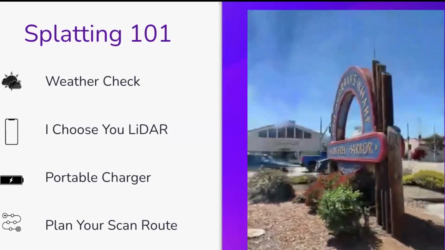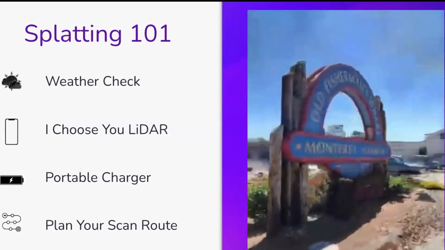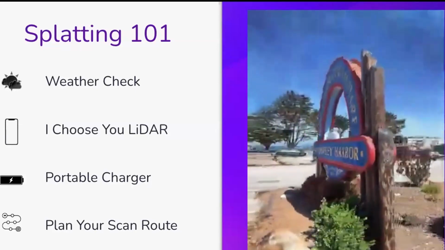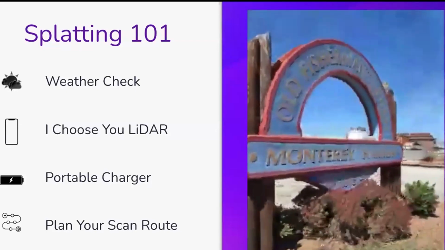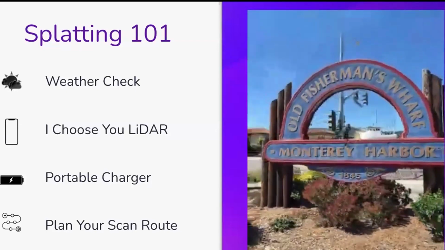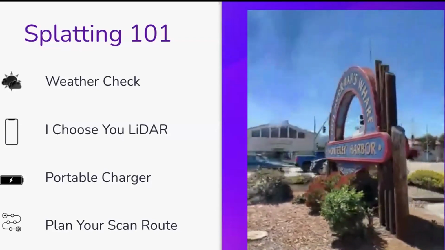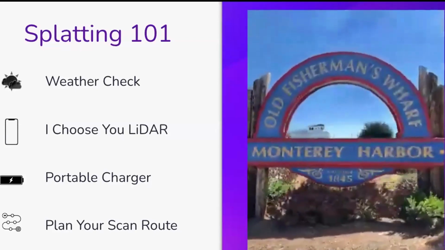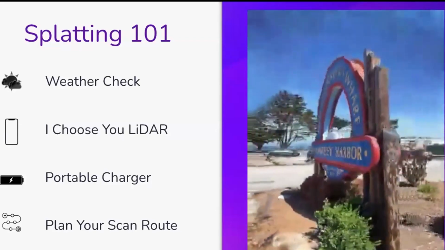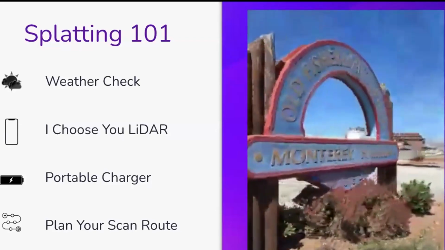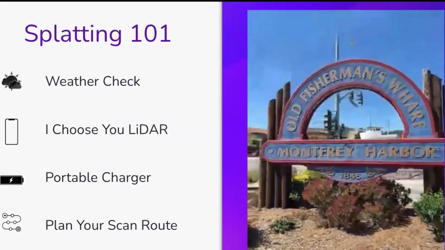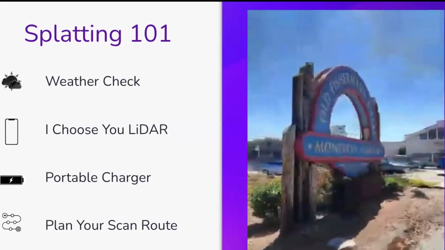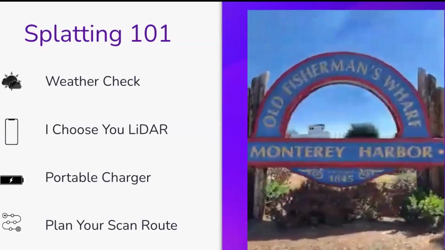And so had I not planned exactly how I was going to scan this entire sign, I could have easily put myself into danger or tripped over a rock or walked into a bush and destroyed this public, beautiful landscape. So make sure that you are planning ahead of time to set yourself up for success and make sure that everything runs smoothly, you're not hurting yourself or others, or accidentally destroying property in some of these public locations. Next slide, please.